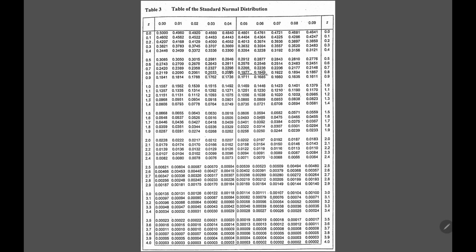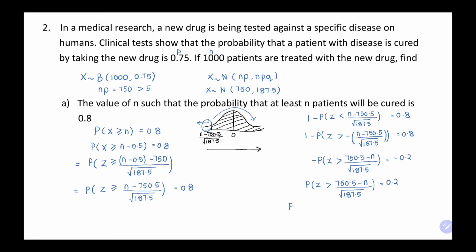We check where is 0.2 inside the table. Near 0.2 we have 0.2005 and 0.1977. So we take 0.2005. So 0.2005 is 0.84. So we write from table 750.5 minus N divided by square root of 187.5.